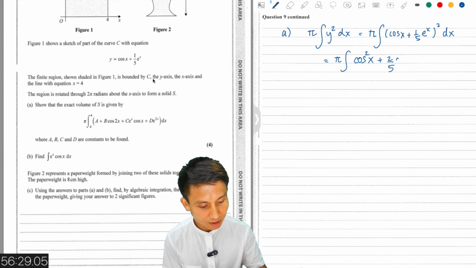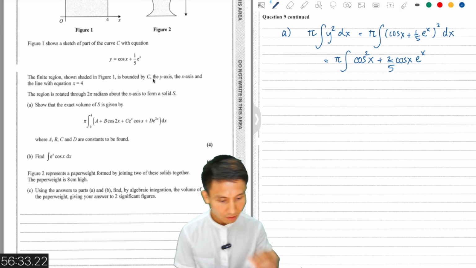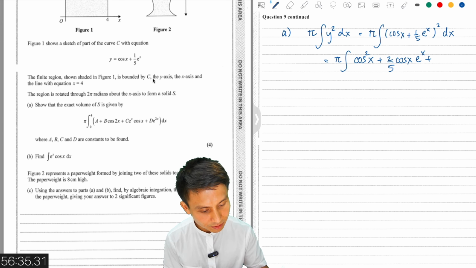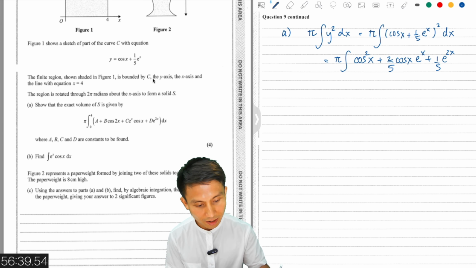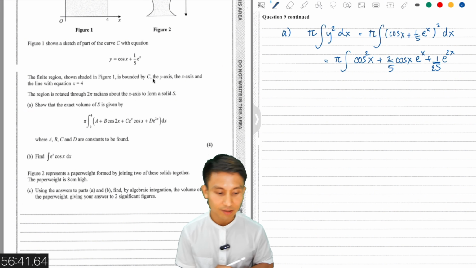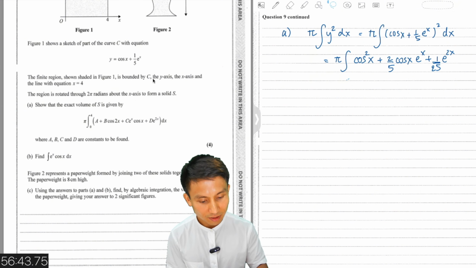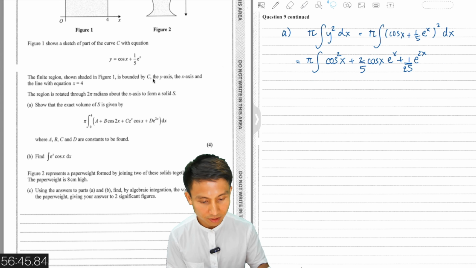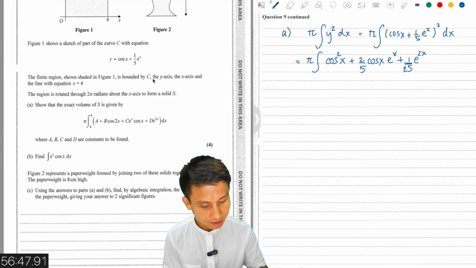So it's just 2 over 5 cos x e to the x, right? And then plus this is just 1 over 25 e to the 2x. You got to have 25 here as well. Almost forgot, because it powers both terms there. Okay, so that's all there is, and then dx.